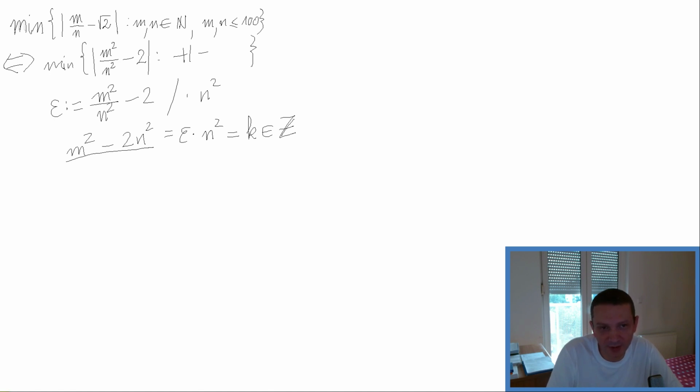We know that this k is of course not equal to 0, because square root of 2 is an irrational number. So actually the best possible approximation we can obtain is with k equal to plus or minus 1.